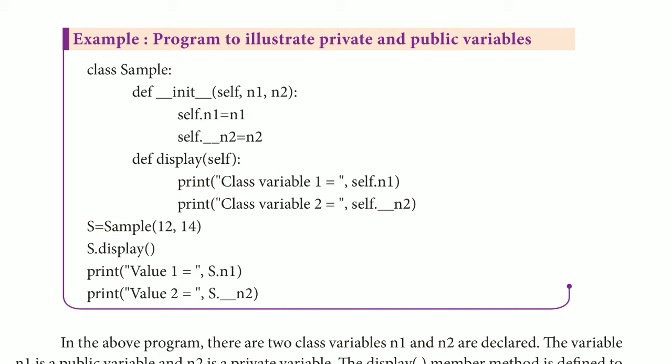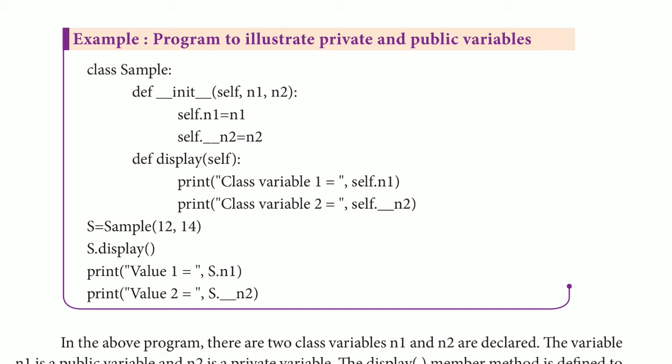Next you can see that s is equal to Sample(12, 14). You can see that s is the object of the Sample class. They are giving the values of n1 and n2 by using the arguments 12, 14.